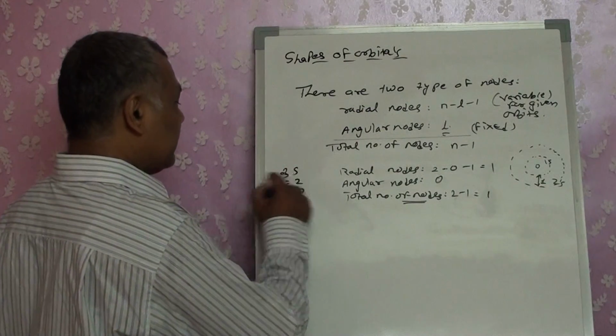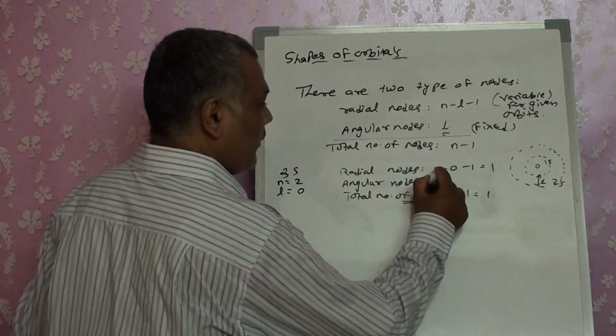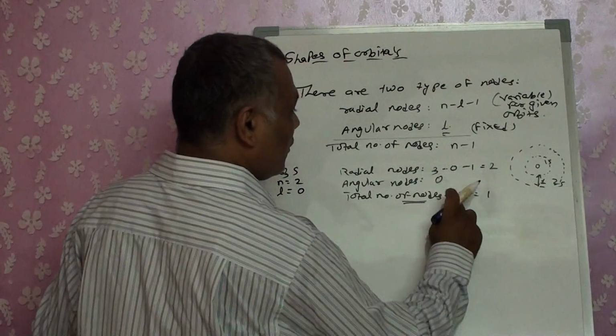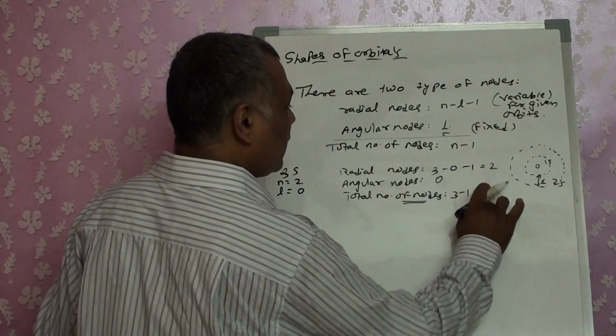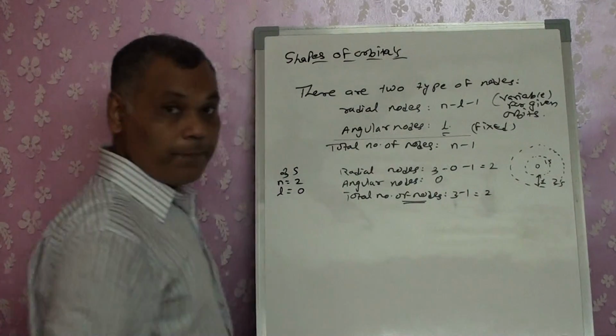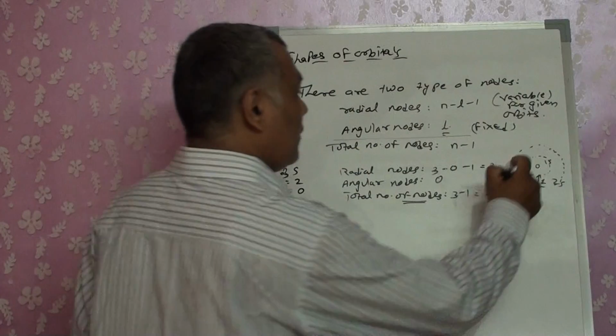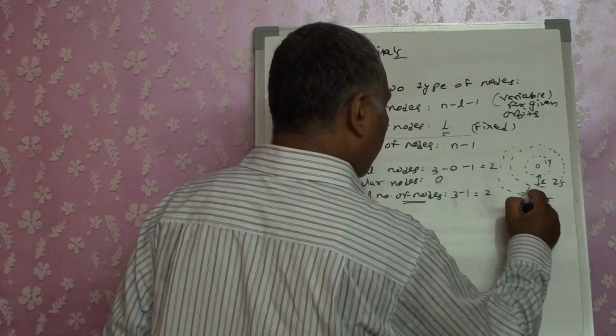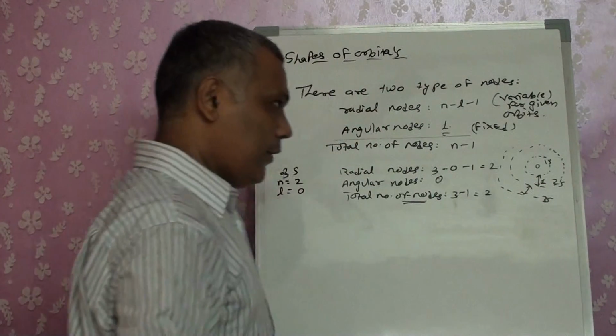Let's take 3s. We will get 3 minus 0 minus 1, that is 2, or 3 minus 1 is 2. Right? So for the 3s orbital we will get another nodal plane.